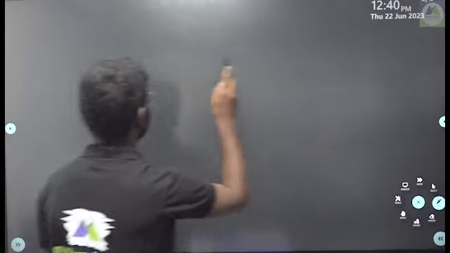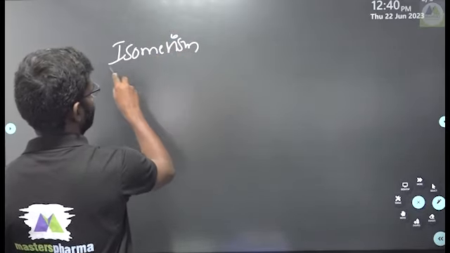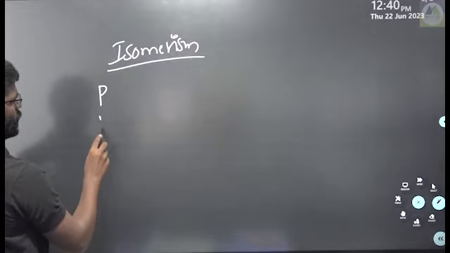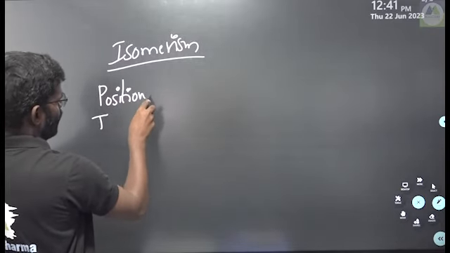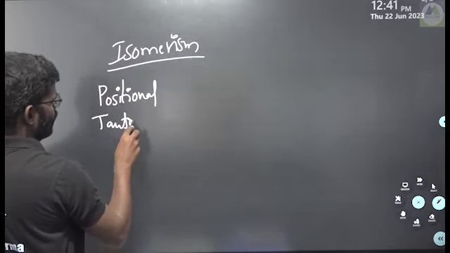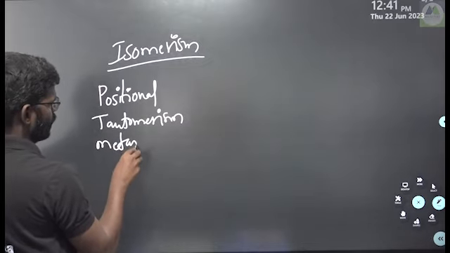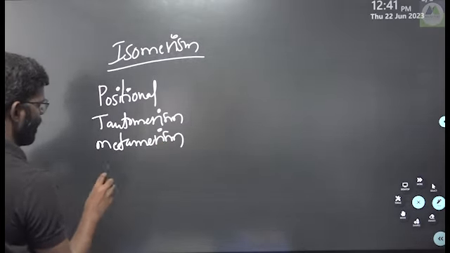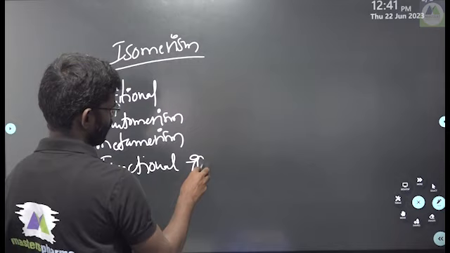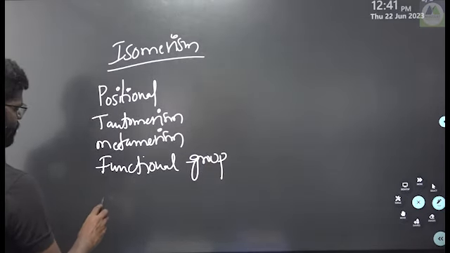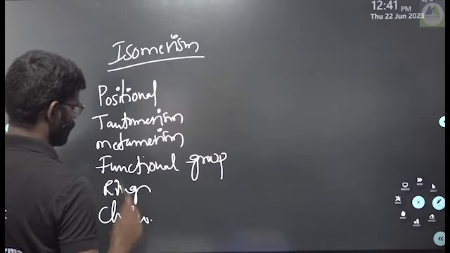Once again, see. Isomerism: first, positional, tautomerism, metamerism, functional group isomerism, ring, and chain.